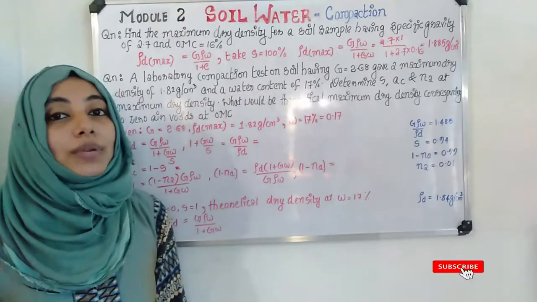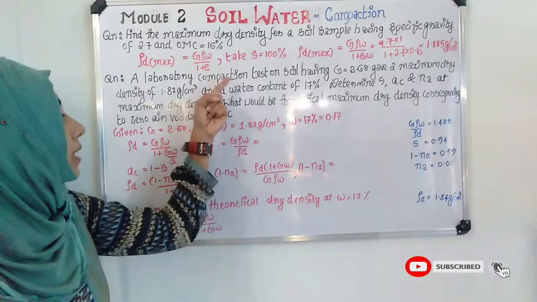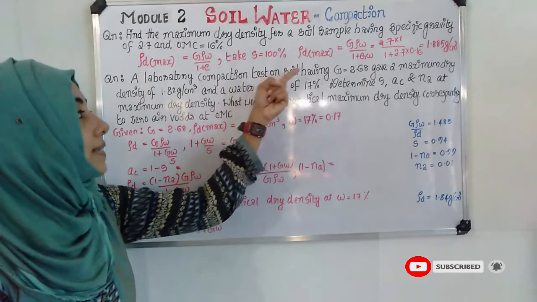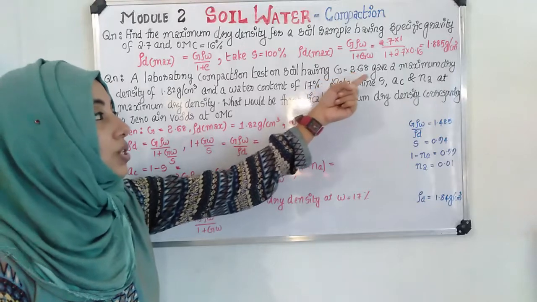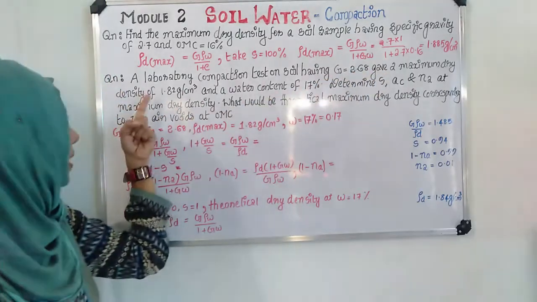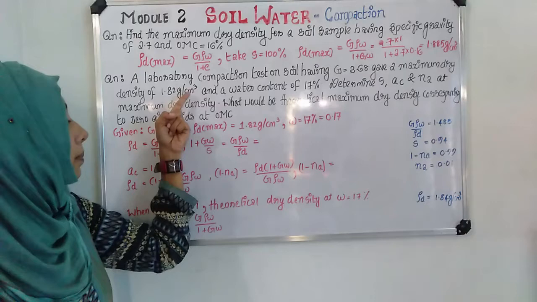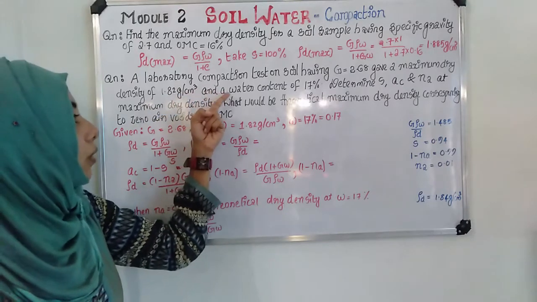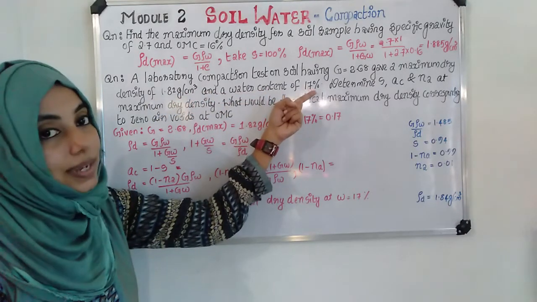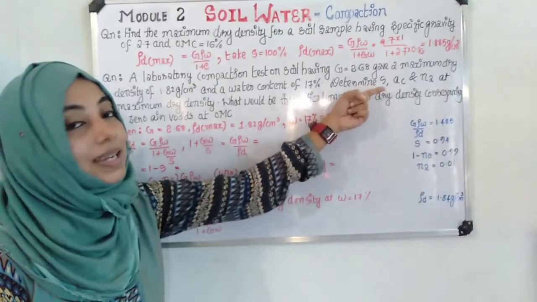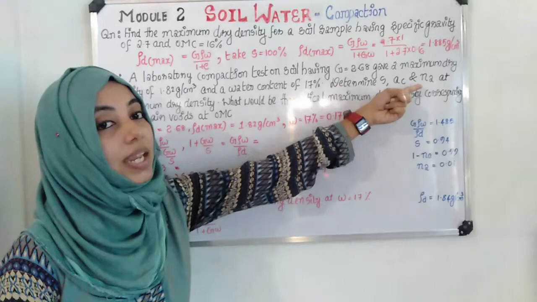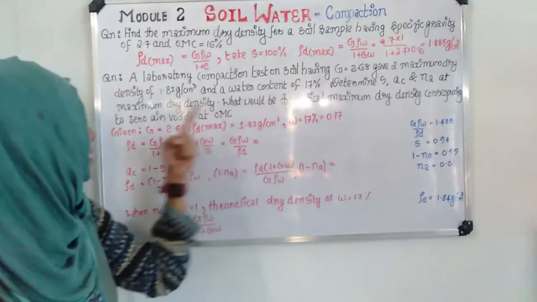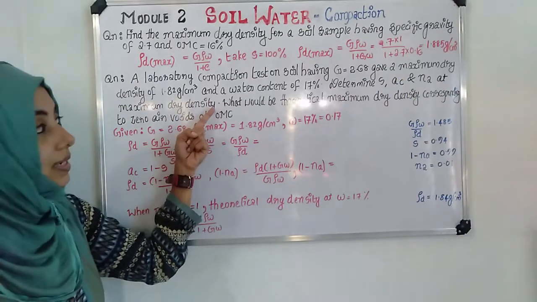Our second question is: a laboratory compaction test on soil having specific gravity G equal to 2.68 gave a maximum dry density of 1.82 gram per centimeter cube and a water content of 17%. Determine S, degree of saturation, Ac, air content, and Na, percentage air voids at maximum dry density.